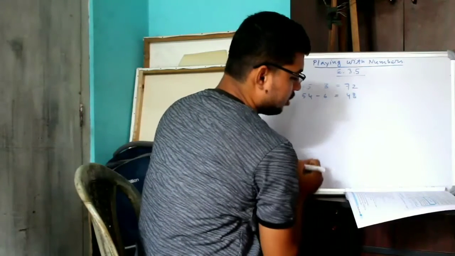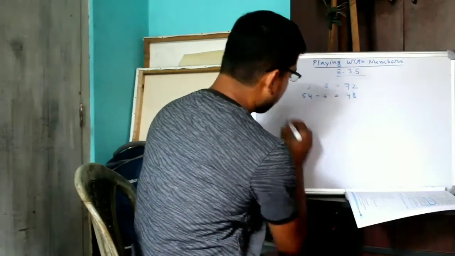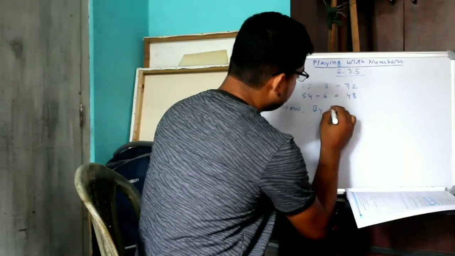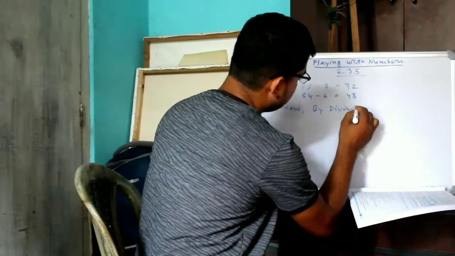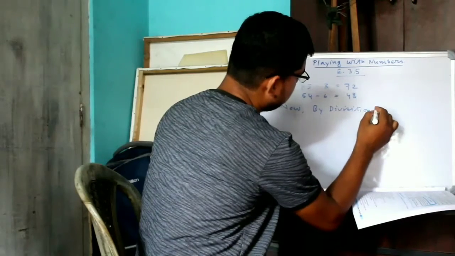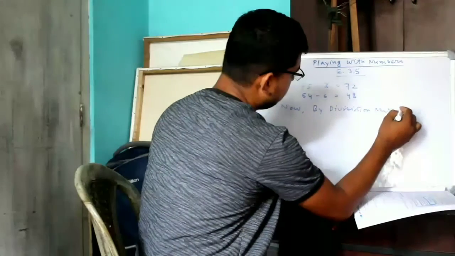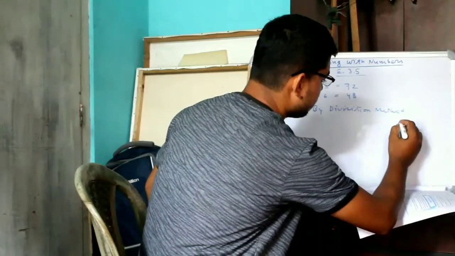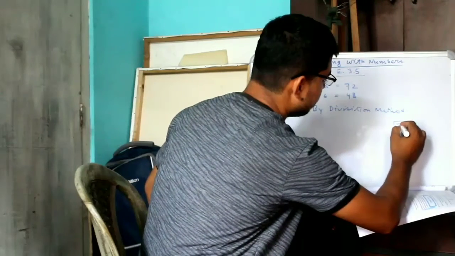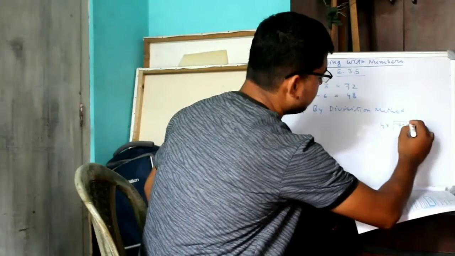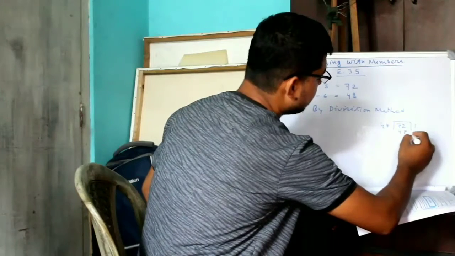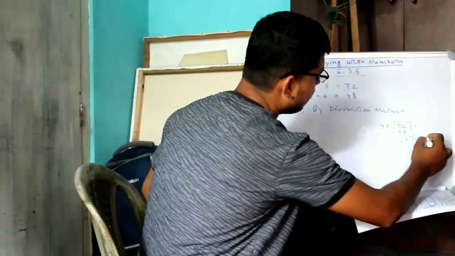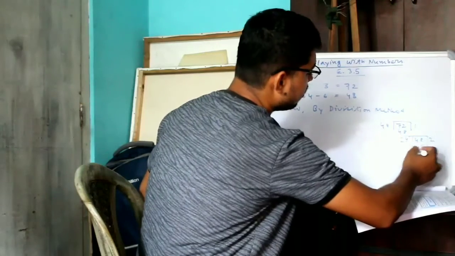Now find the greatest number. Now HCF by division method. 72 and 48: 1 time 48, 24 will come, then 48 again, 2 times 24 is 48, 0.